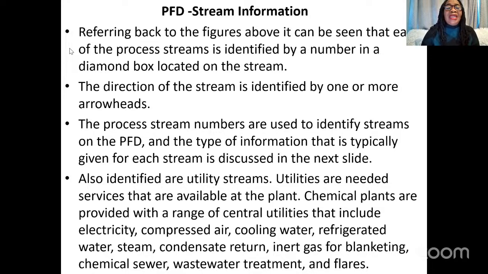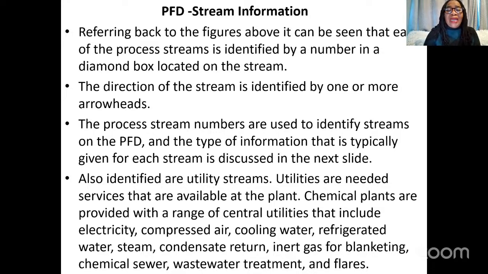It can be seen that each of the process streams is identified by a number in a diamond box located on the stream. The direction of the stream is identified by one or more arrowheads. The process stream numbers are used to identify streams on the PFD, and the type of information that is typically given for each stream is discussed in the next slide.